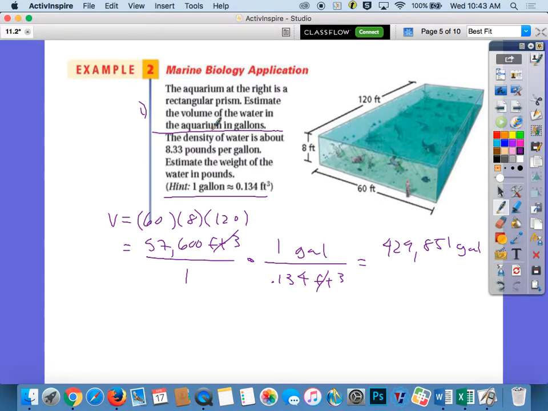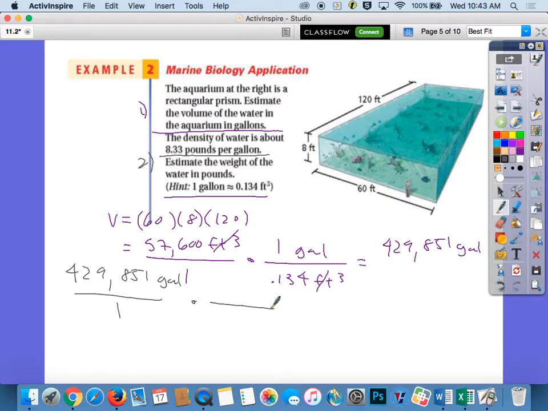However, it wants me as my second piece to estimate the weight of the water in pounds. So I want to find out how many pounds these gallons of water weigh. It tells me right here the density of water is about 8.33 pounds per gallon. So I'm going to bring over 429,851 gallons, and I want to convert that to pounds.